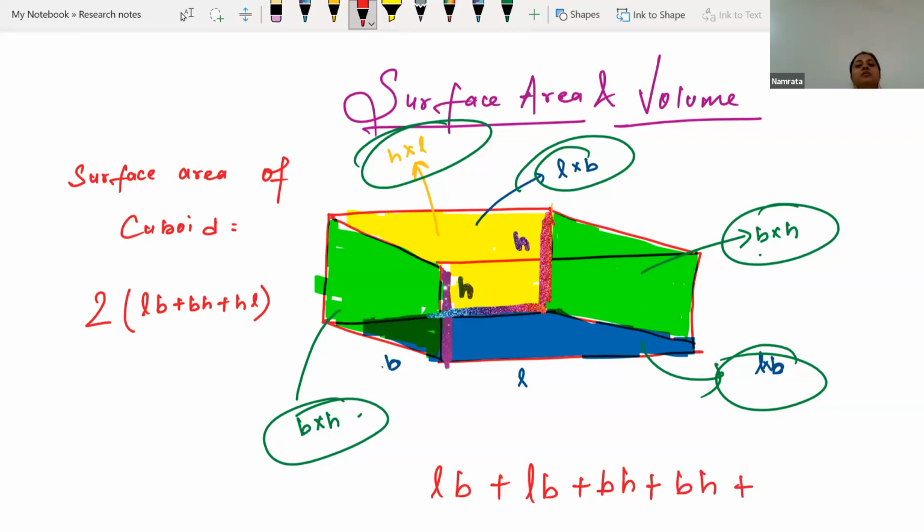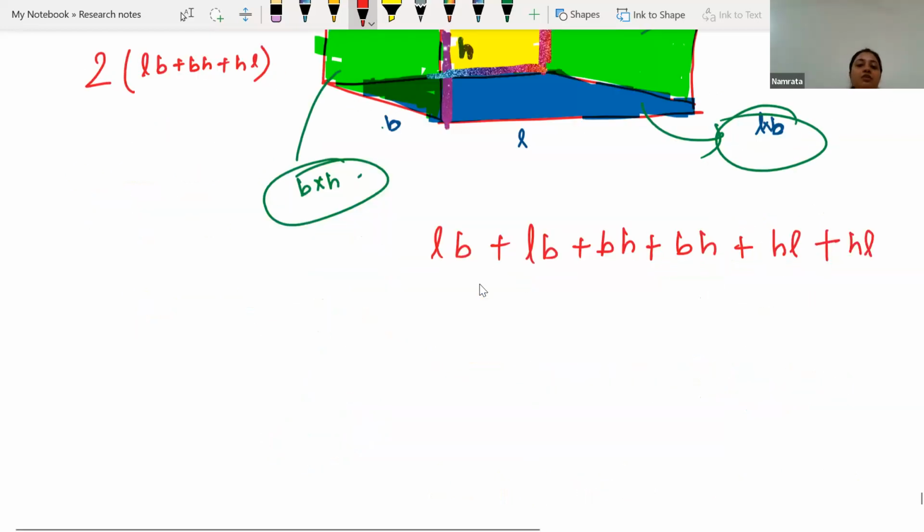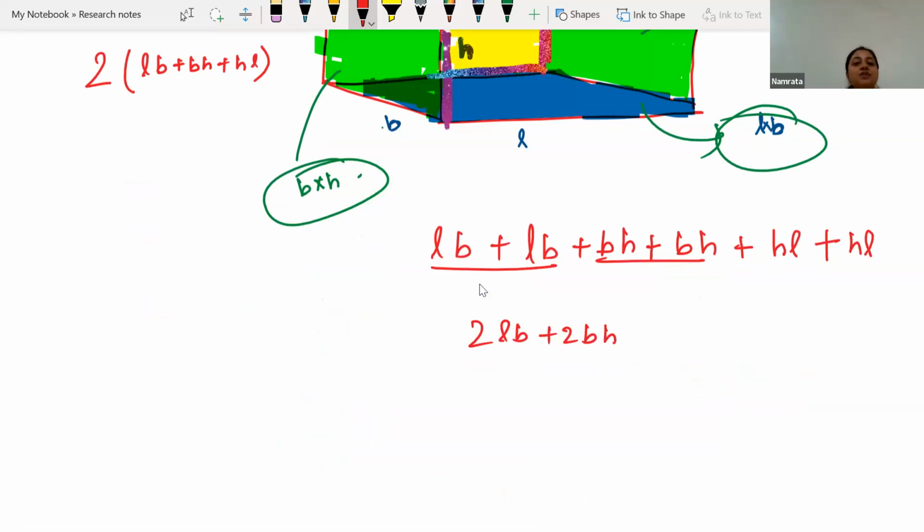The yellow shaded portion here is H into L, and in the front we also have one yellow portion which I have not colored. That area will also be H into L. Once you add all of them together, you will have 2 times length into breadth, 2 times breadth into height, and so on, the area of all the 6 surfaces.